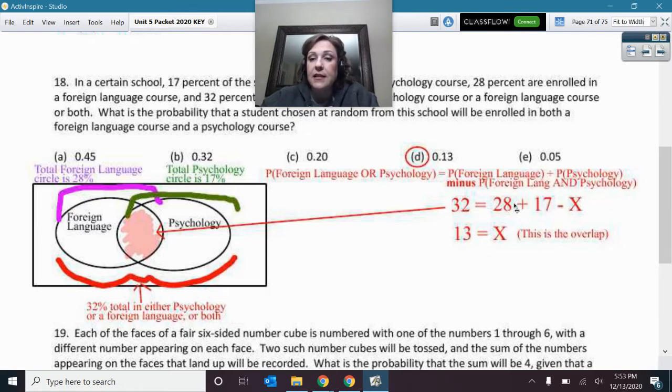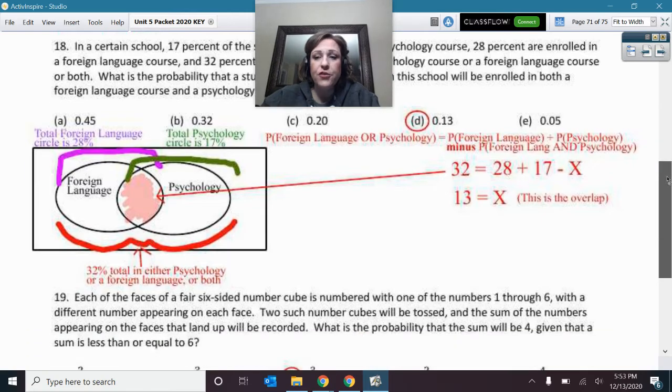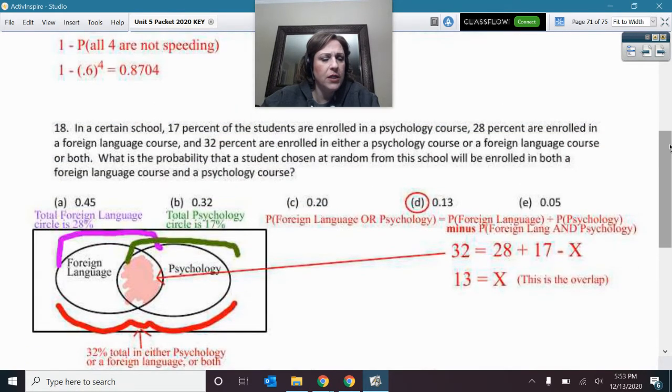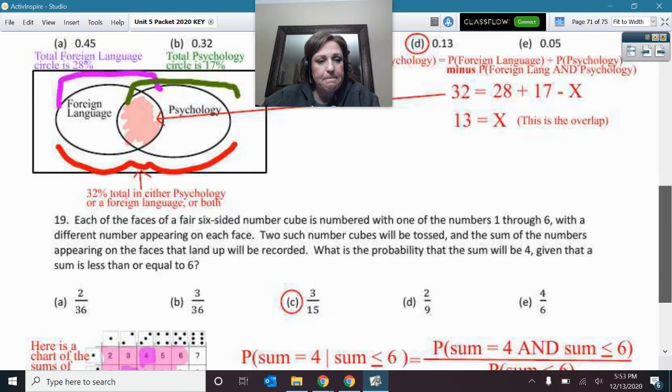So we did the total foreign language plus the total psychology minus the overlap, and then I solved. Oh, it's 13. That was 45, and then that overlap was 13. So 13%. Oh, hold on a second. Yeah, because this was in percents. It wasn't out of a number of items.